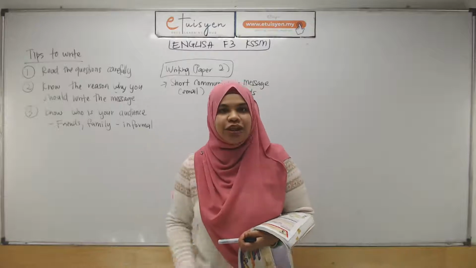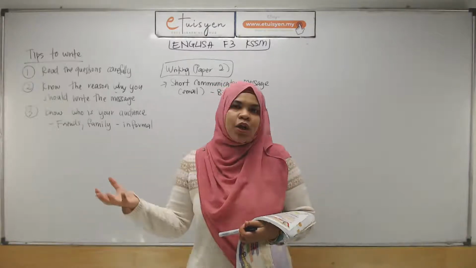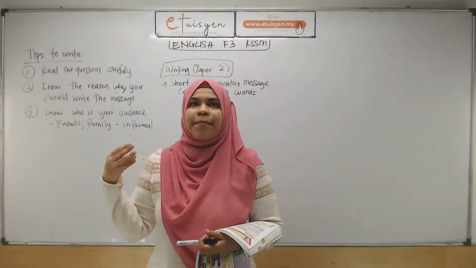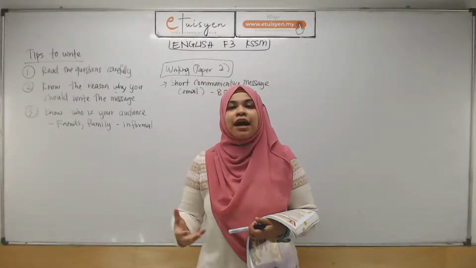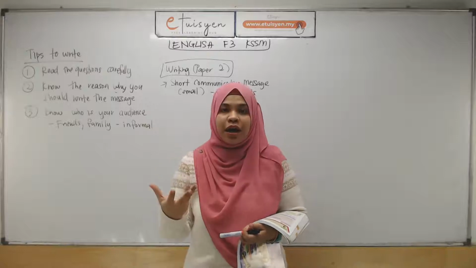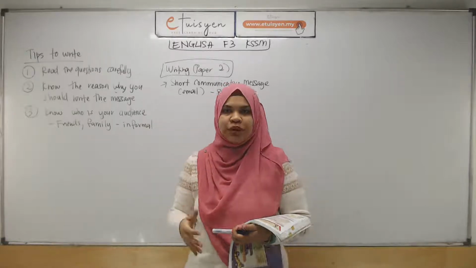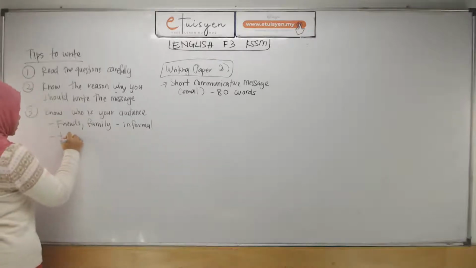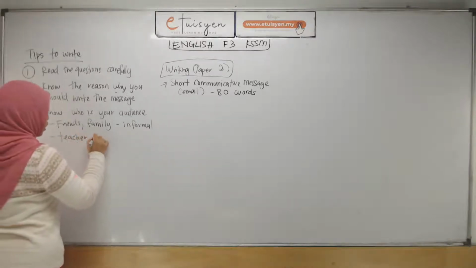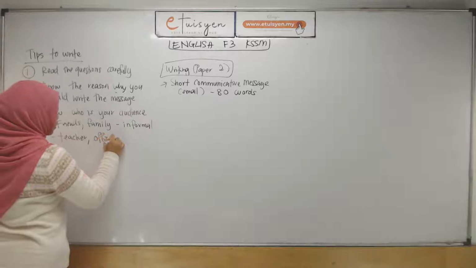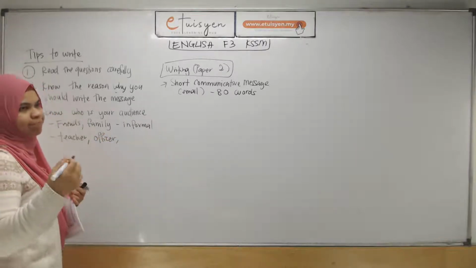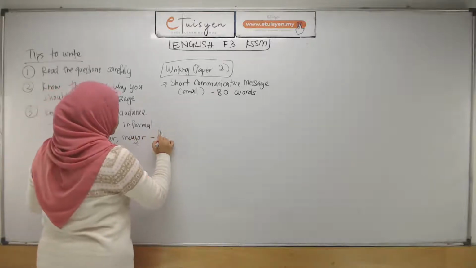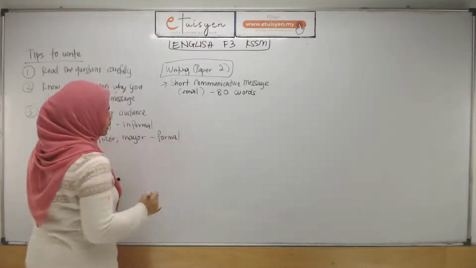Now with a stranger, with someone that you respect, with a teacher, with a guru besar, or with police, then you use the proper language, so proper meaning formal tone lah. Okay, so here if it's a teacher or officer or mayor, sometimes they will ask you to write to a mayor, so this one you need to write formal.